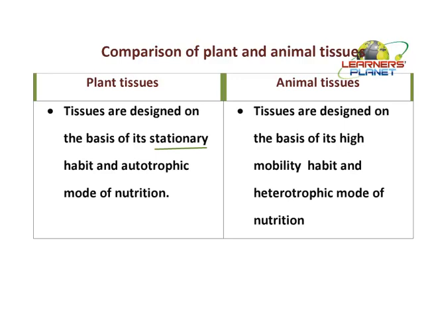And secondly, they show an autotrophic mode of nutrition. So the tissues should be designed on the basis of these two features. If they have to perform the food formation process, then they need to have a specific type of cells over there. They need to have chloroplast.